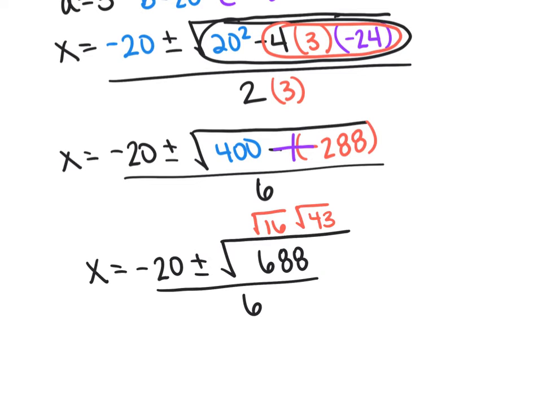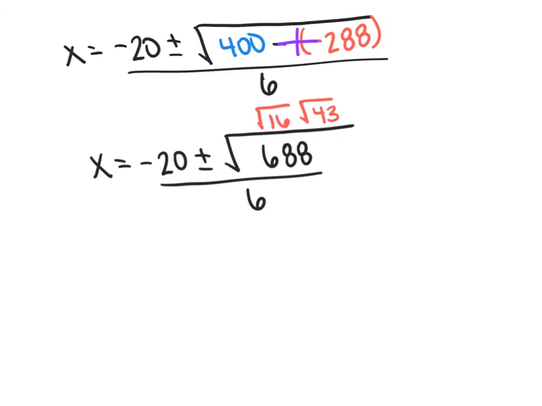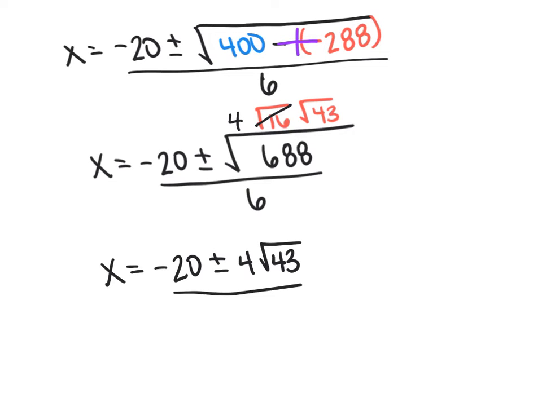So now I can do this. I know the square root of 16. So rewriting this, x is equal to negative 20 plus or minus the square root of 16, which is just 4. So we get 4 square roots of 43 divided by 6.